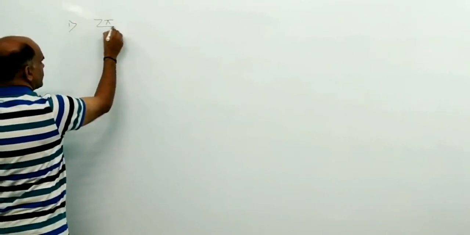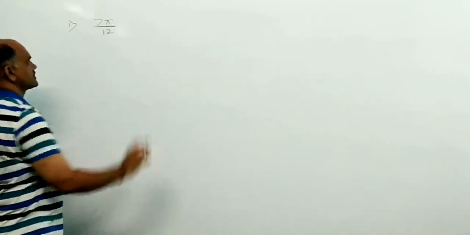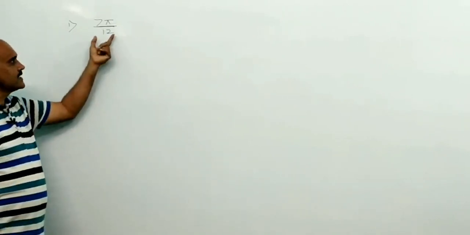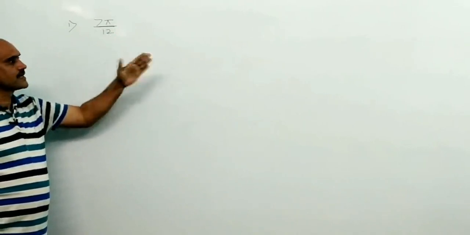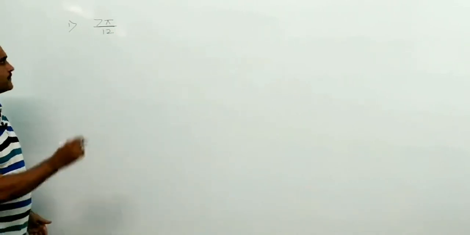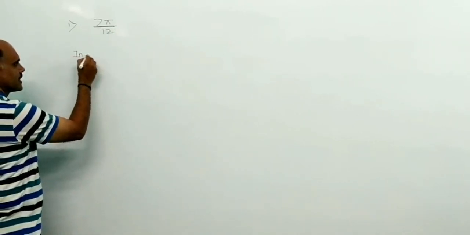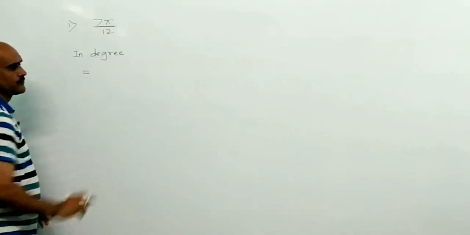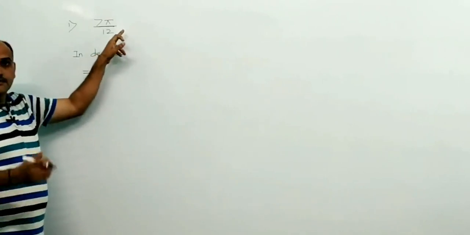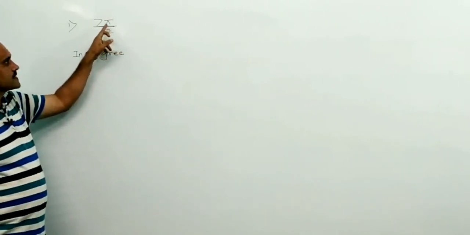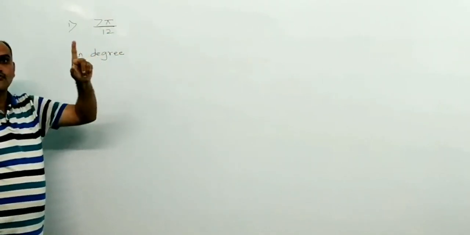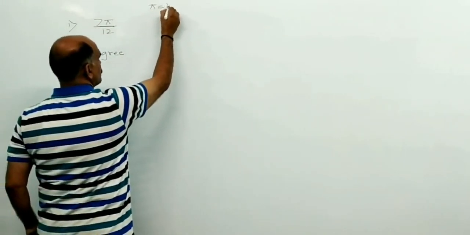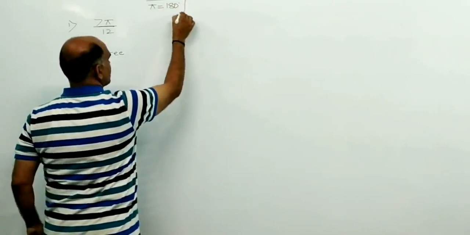So first, for example, 7 pi by 12. This angle is in radian, you are required to convert it into degree. So in degree it is equal to, just before the problems I told you pi is equal to 180 degree.